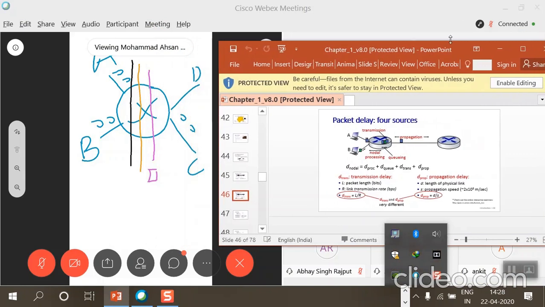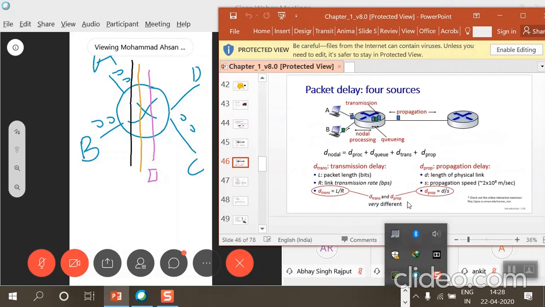So the time that this packet takes to be pushed onto the transmission link is known as the transmission delay. It is not the time that it takes on the link to move from the router R to C. No. It is the time that the router takes to move this packet from inside to the link through an interface here.